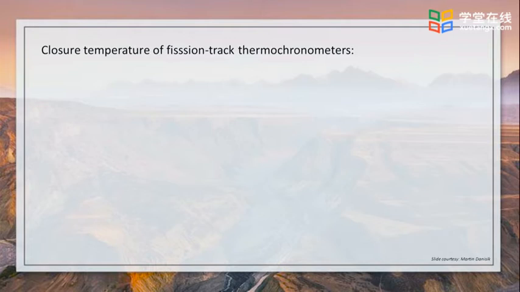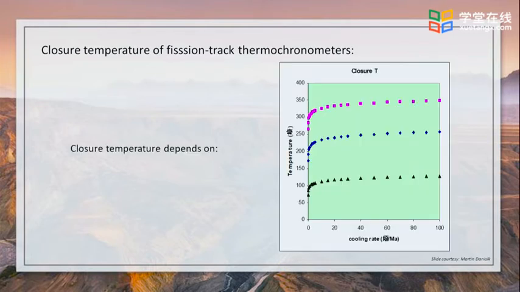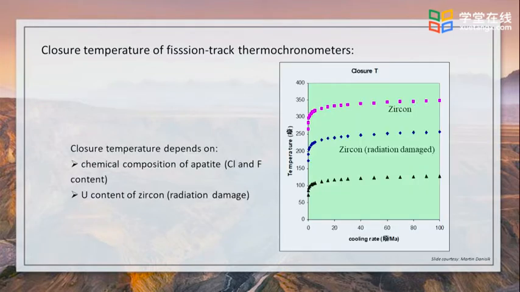The temperature range over which annealing occurs varies for different minerals and also depends on the cooling or heating rate. The concept of a closure temperature for the fission track system, for instance, the temperature of the system at the time given by its apparent age, is generally an oversimplification.